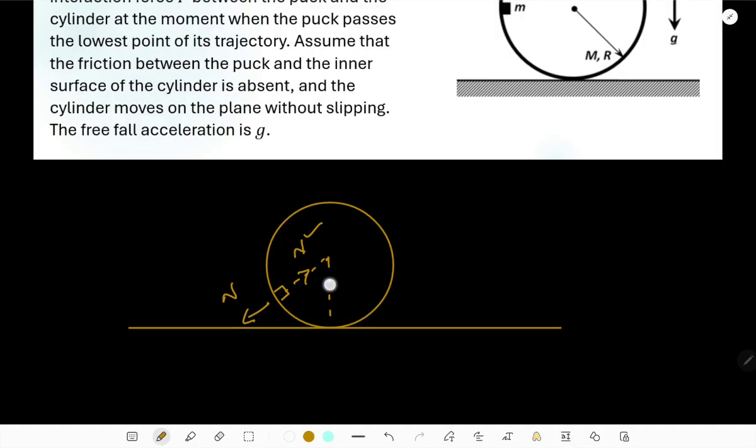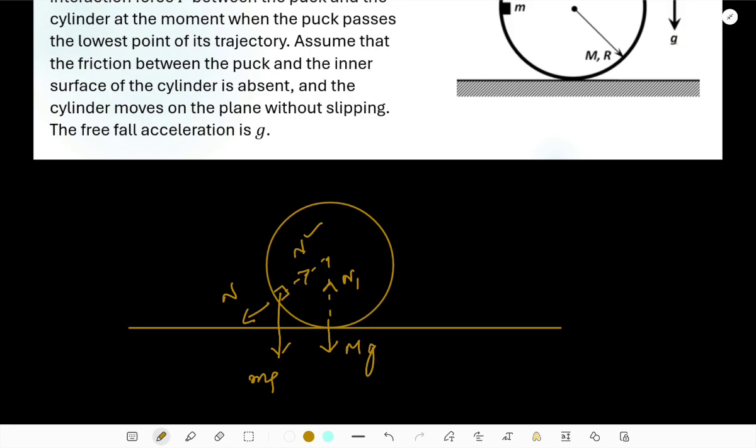And there will be a normal as well at this position on the cylinder. Also, you can show the force of gravity acting on both objects, a small mg on the puck and capital Mg on the cylinder.